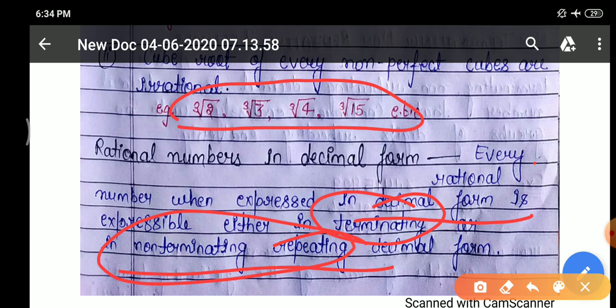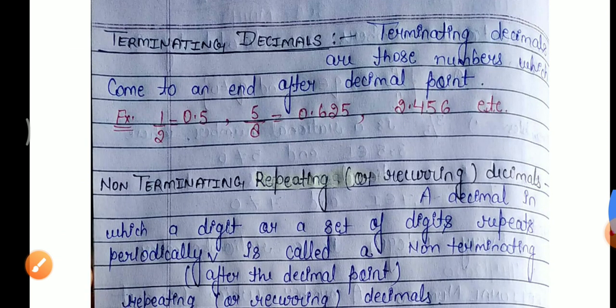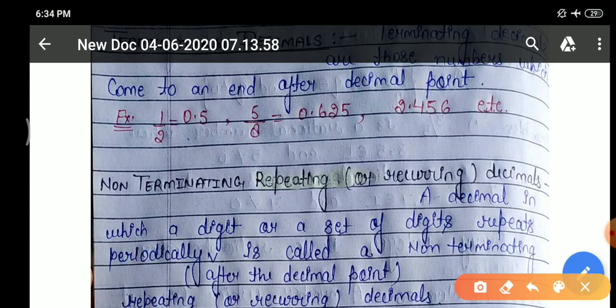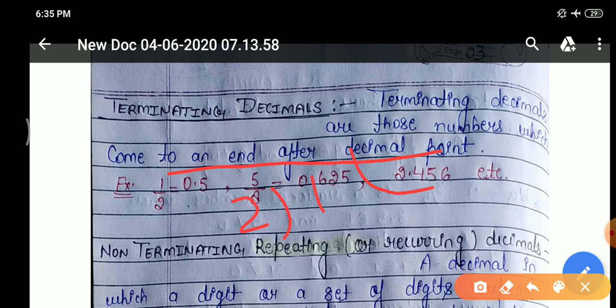Now let's see what a terminating decimal is. Terminating decimals are those numbers which come to an end after the decimal point. For example, 1 upon 2: when we divide 1 by 2, we get 0.5, and the remainder is 0.